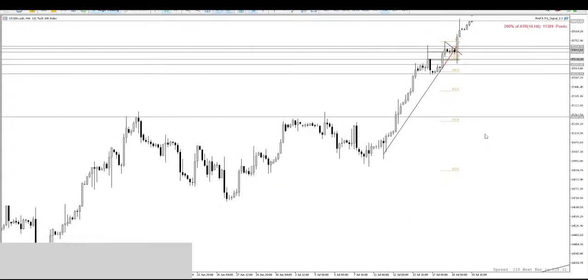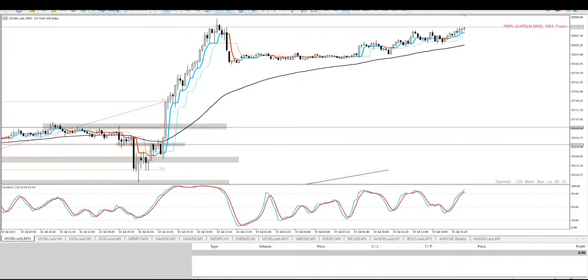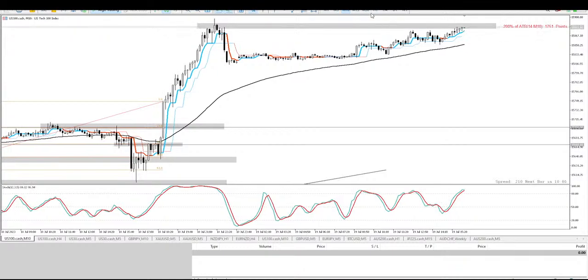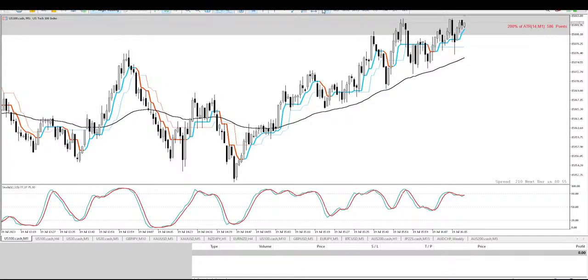If I bring up my MT5, okay, let's see, ATR is very low right now actually, so definitely not going to be trading this until it stabilizes.